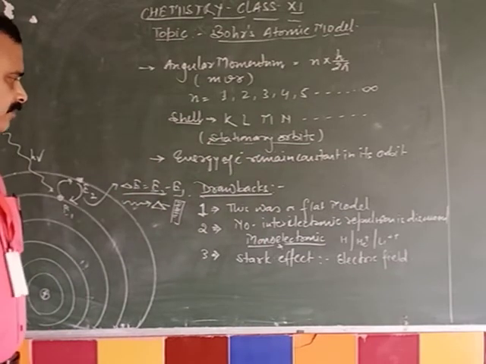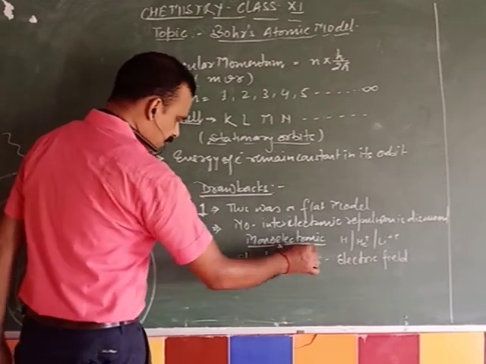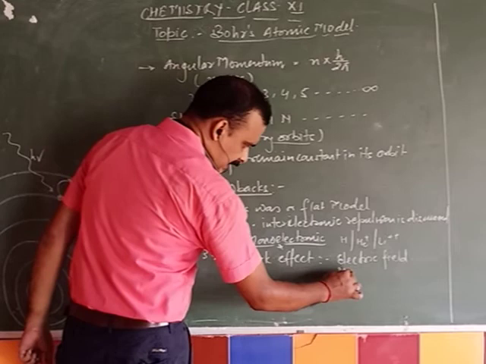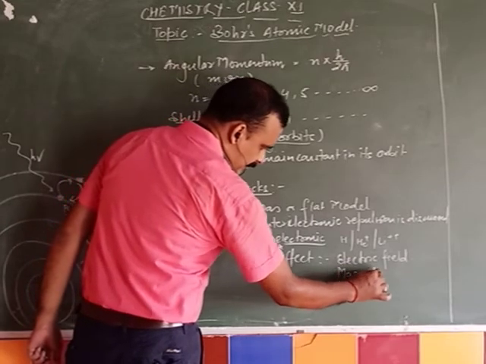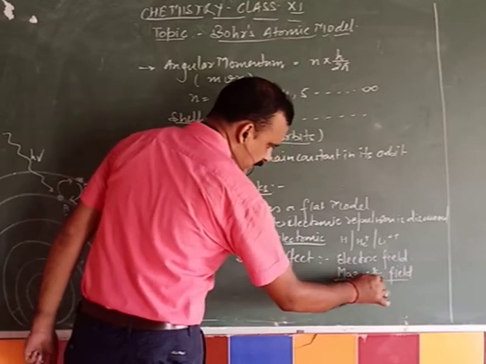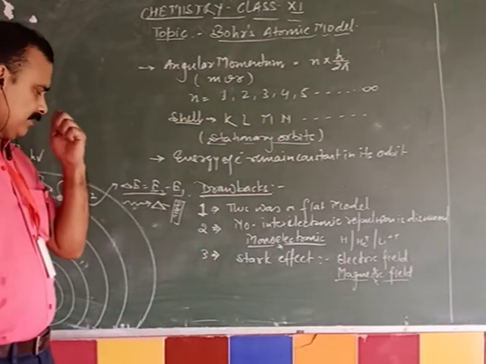This model was not able to explain anything about the Stark effect. Similarly, when the spectrum lines are placed in an external magnetic field, again it was not able to explain why the spectral lines get split.